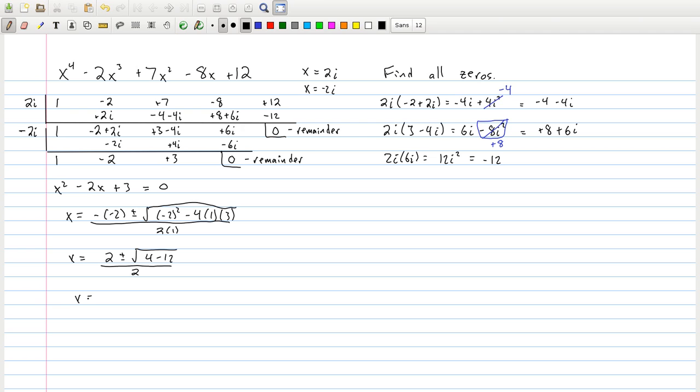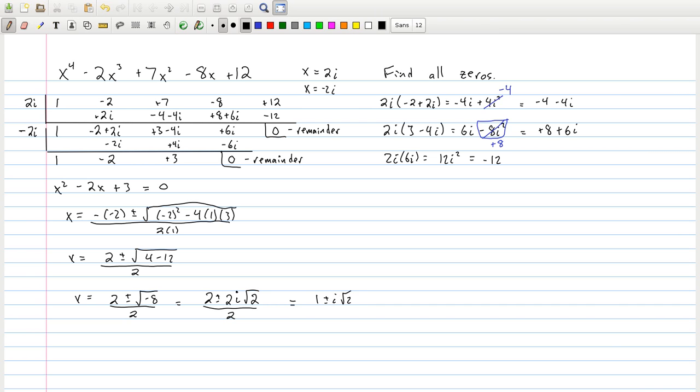We simplify this further to give us 2 plus or minus the square root of negative 8 over 2. And this radical we can simplify. It's got a negative, so I know an i will come out of the radical. 8 is 4 times 2, so a 2 will come out and a 2 will stay inside the radical. And then finally, we can reduce this to 1 plus or minus i radical 2.